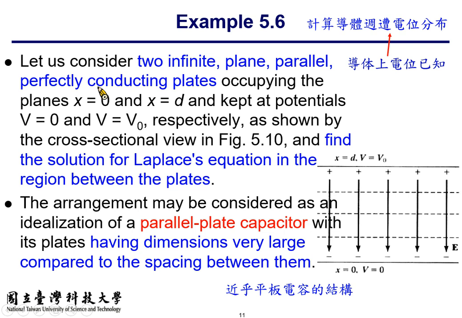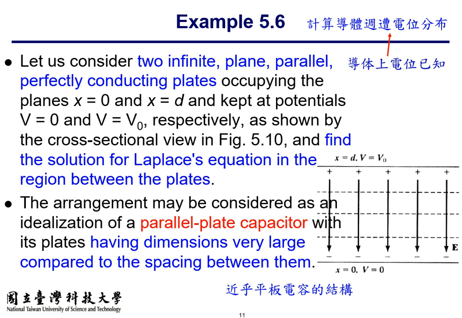Are you happy with this electrical field intensity direction? I know it satisfies the boundary condition. You have normal component of electrical field intensity. The E field direction is normal to the conducting plate, so the boundary condition is satisfied. And what comes with this boundary condition? Electrical charge.